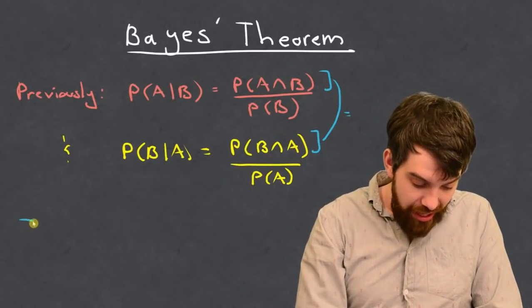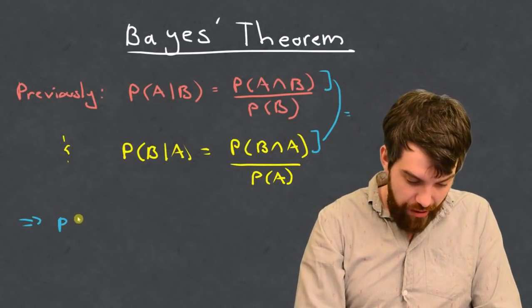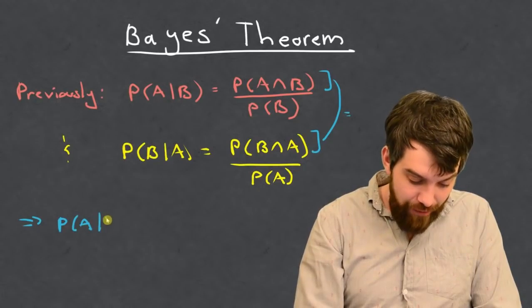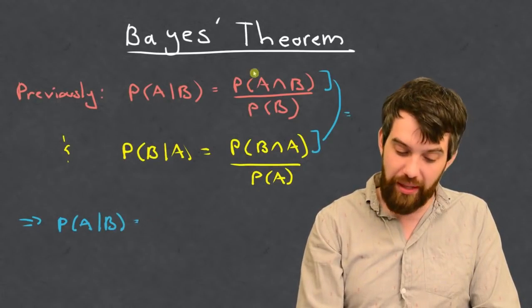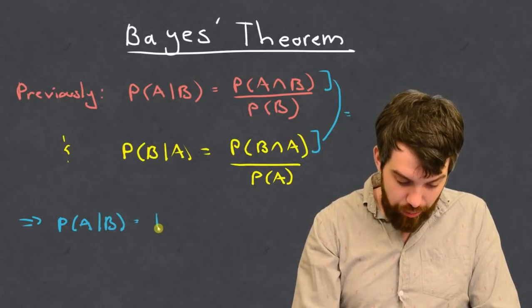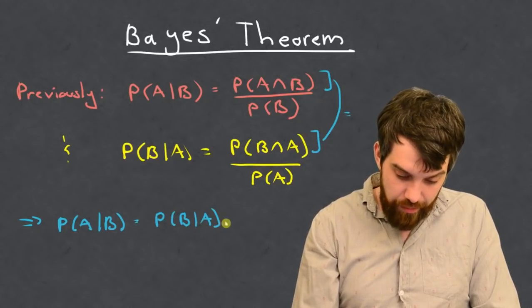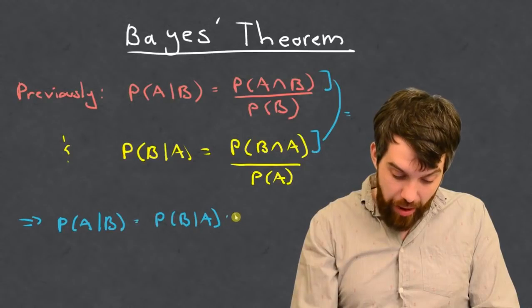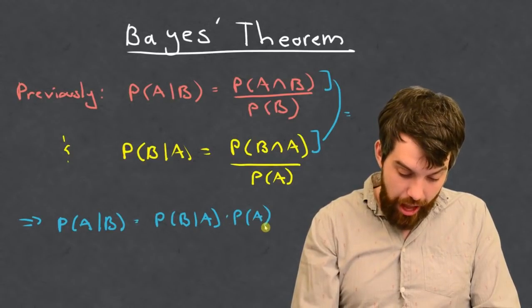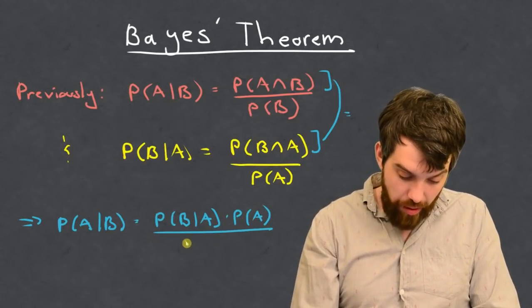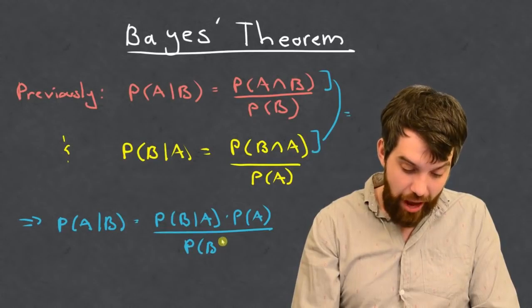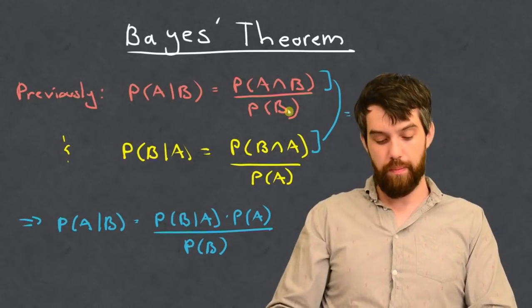What that gives me is that the probability of A given B is equal to the probability of the intersection, which I'm going to rewrite as the probability of B given A multiplied by the probability of A, all divided by the probability of B, as I have down in the bottom right here.